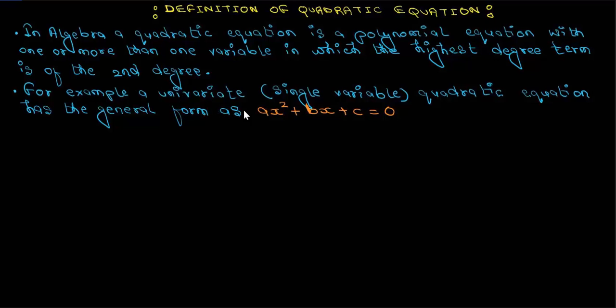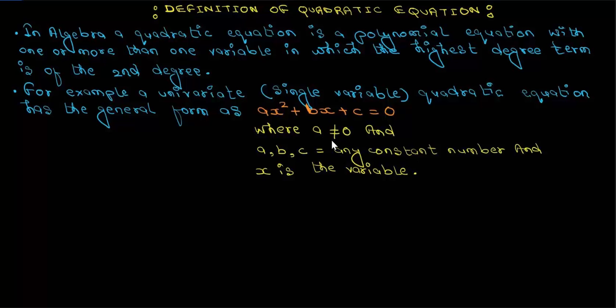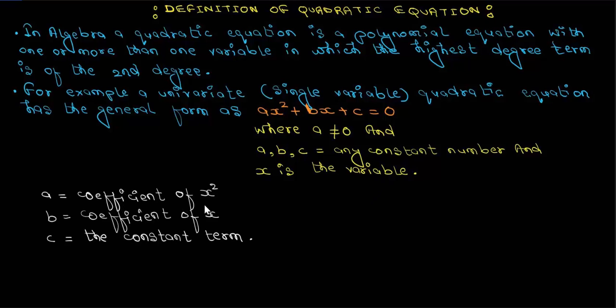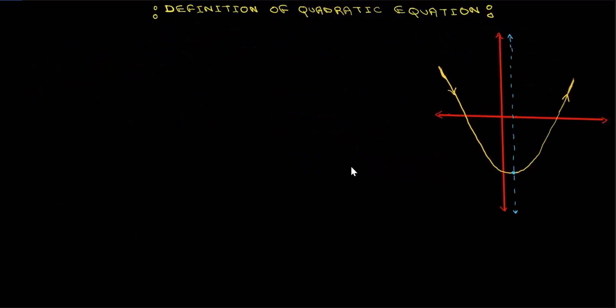For example, a univariate, single variable quadratic equation has the general form ax square plus bx plus c equal to 0, where a is not equal to 0 and a, b, c belong to R, any constant number, and x is the variable. A is called the coefficient of x square, b is the coefficient of x, and c is the constant term. Now the definition of the quadratic equation.